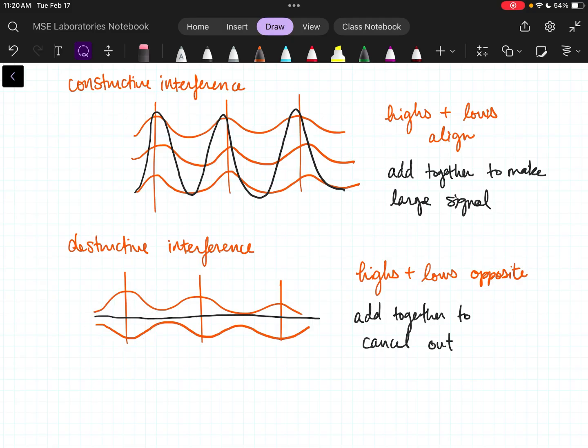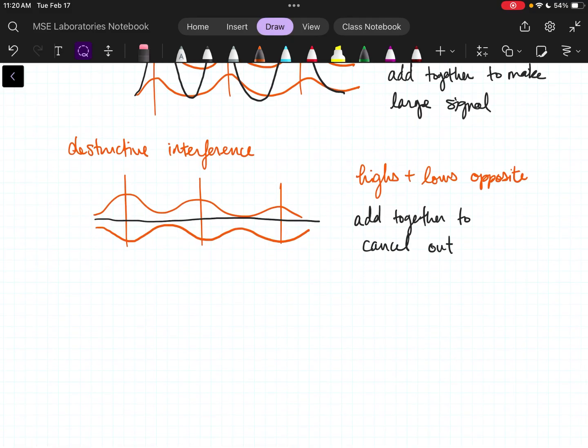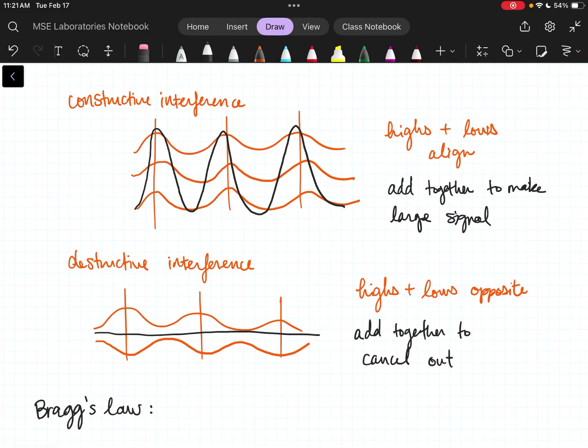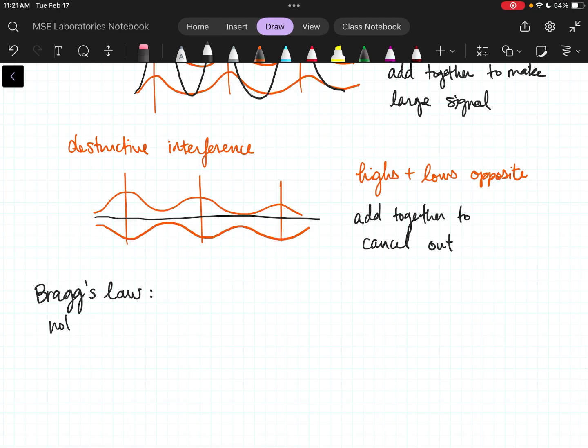And early physics people noticed this phenomenon. They were like, hey, sometimes I'm getting a lot of signal. Sometimes I'm getting no signal. And someone with the last name of Bragg came up with an equation that they named Bragg's law. You're nodding your head because we talk about Bragg's law a lot. I want to make it clear, Bragg's law does not decide whether constructive or destructive interference happens.